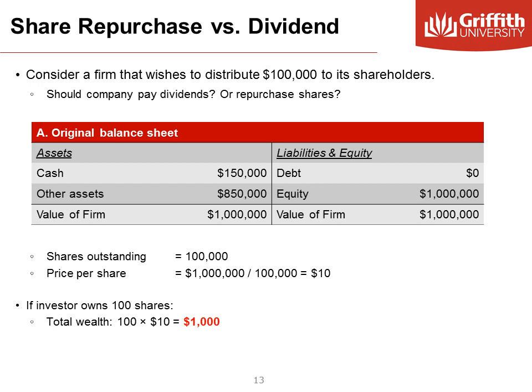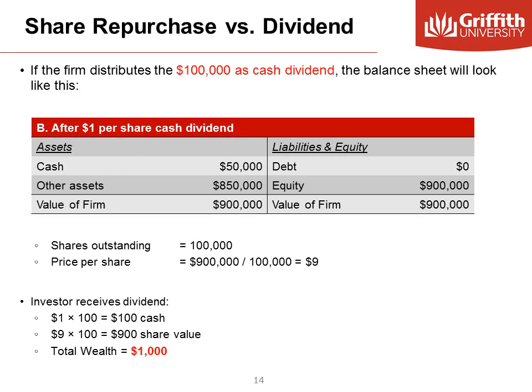What should the company do? Pay the $100,000 in the form of a cash dividend or repurchase $100,000 worth of shares? If an investor owns 100 shares in this company, his total wealth is $1,000. If the company decides to pay the dividend in cash, the balance of cash is reduced to $50,000 on the left-hand side.